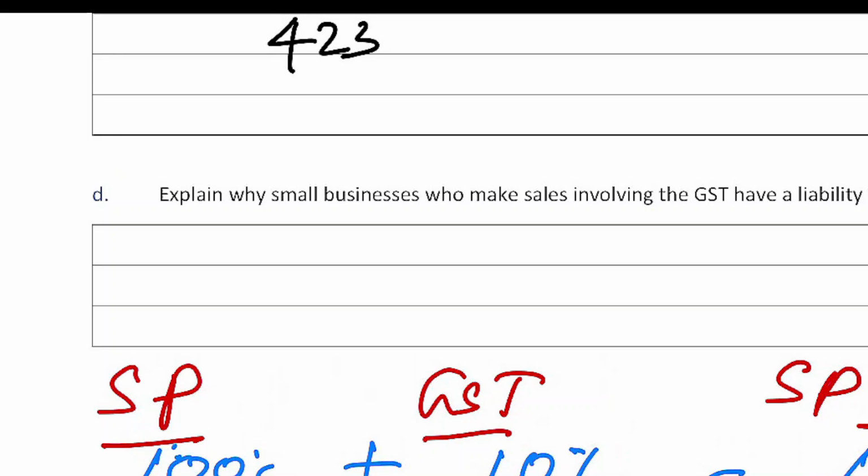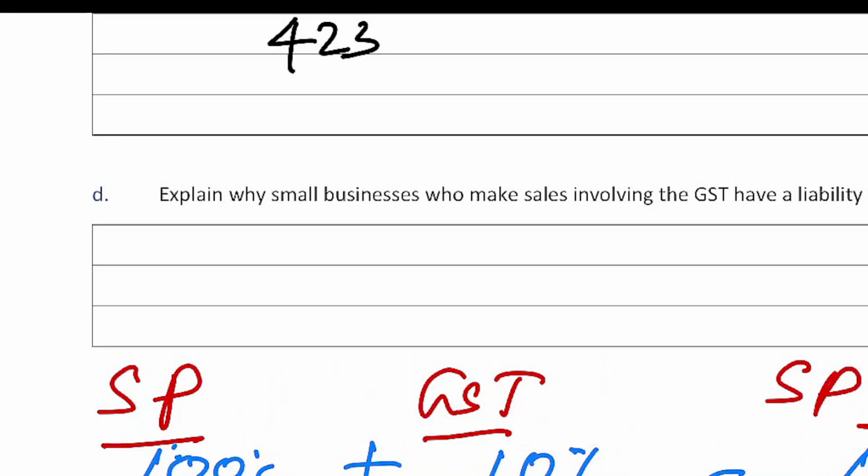Let's say they purchase $1,000 worth of goods. Then how much would they pay GST on that? 100. Yeah, very good. Then do you think they will sell that $1,000 worth of goods for more than 1,000, less than 1,000, or exactly equal to 1,000? More. Why? To make profit.